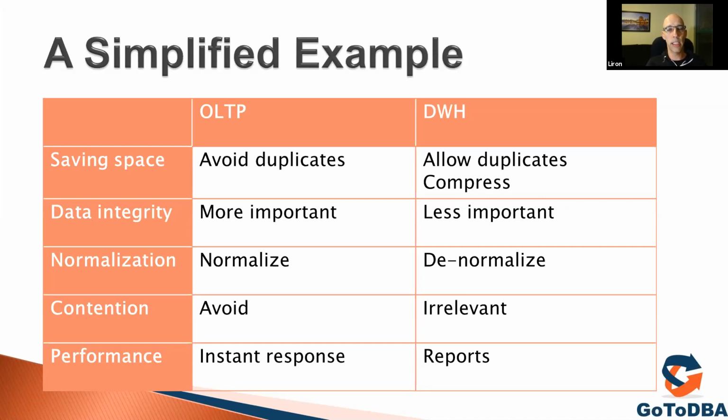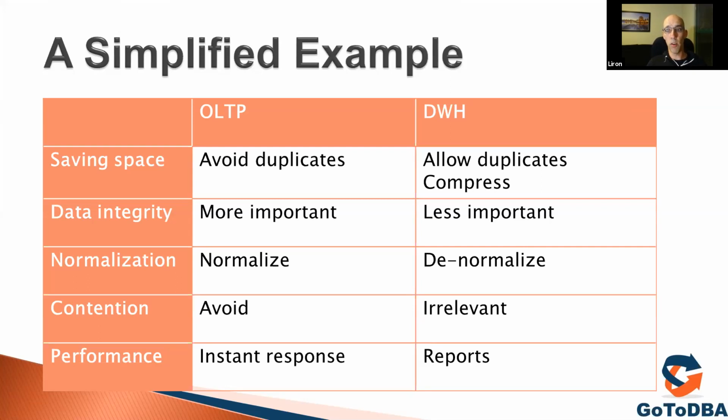It doesn't mean that in a data warehouse we don't care about data integrity. But in the classic data warehouse system, we load data from other systems, and assuming that the other systems kept data integrity, then we don't need to check that in the data warehouse.